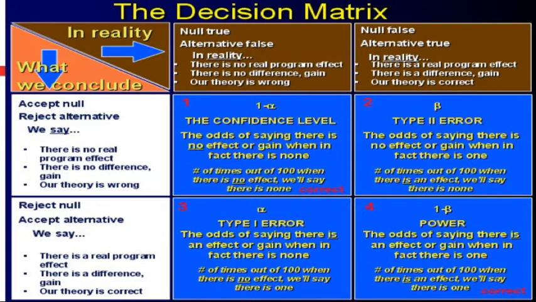If you look in box number 1, blue, if reality had it that there was no difference between the means and we failed to reject the null and kept it, we would be correct. Likewise, if in fact the two populations were different, if our experiment really did work, and we rejected that null, then we would also be correct. Of course, there are two types of errors we can make.